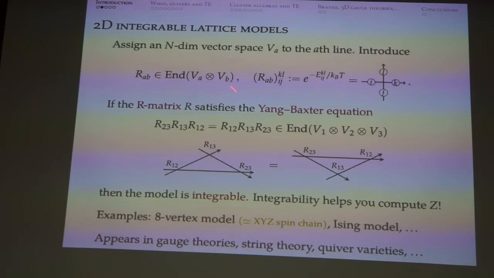The important thing is that this operator R satisfies the so-called Yang-Baxter equation, which takes this form: R12 R13 R23 equals R23 R13 R12.